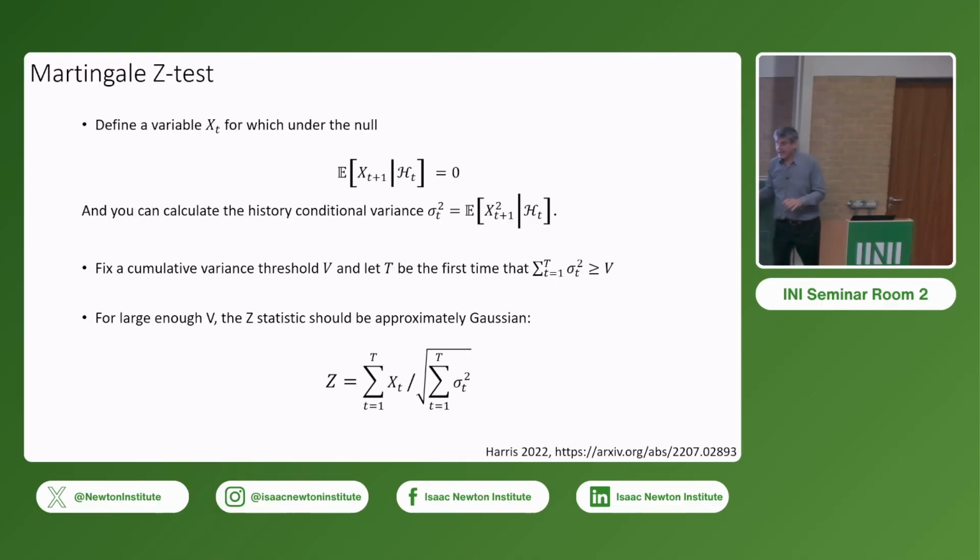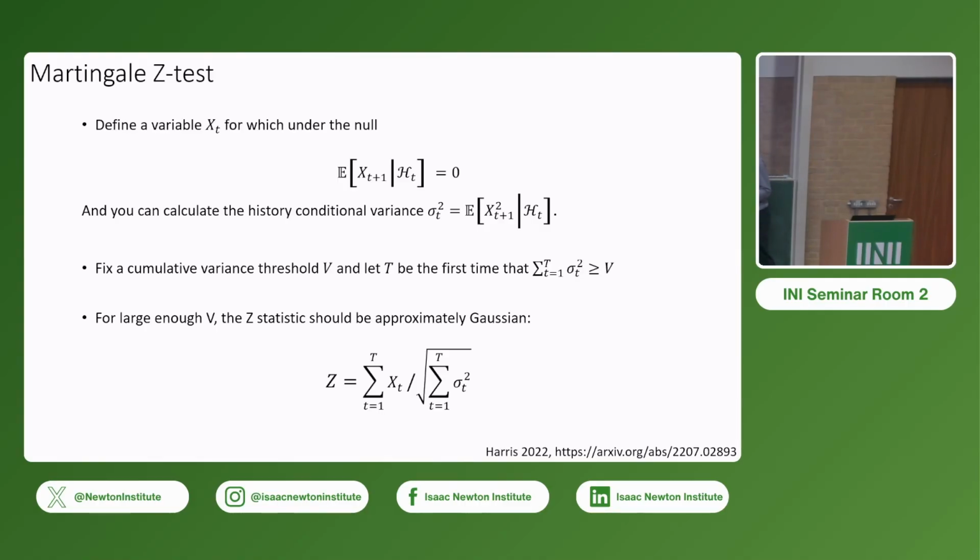Right, so if you can get from your data, which has got this partial randomization, this conditional randomization, if you can define a martingale difference sequence, and you can also calculate the history conditional distribution, which you normally can, right? Because this is all about the stimulus you decided to present at time t, and you know the conditional distribution of it.